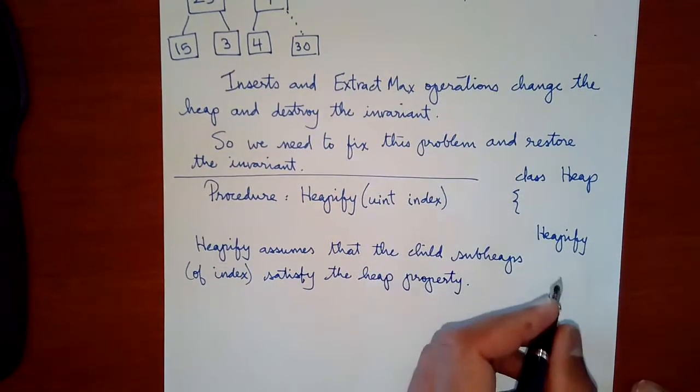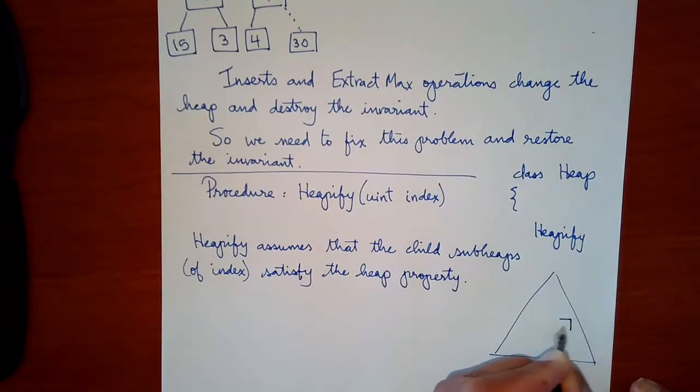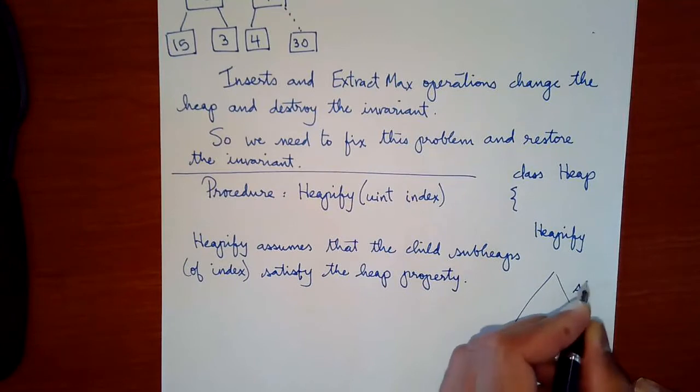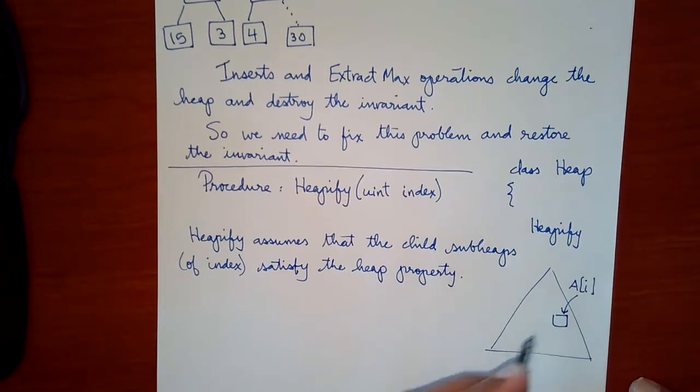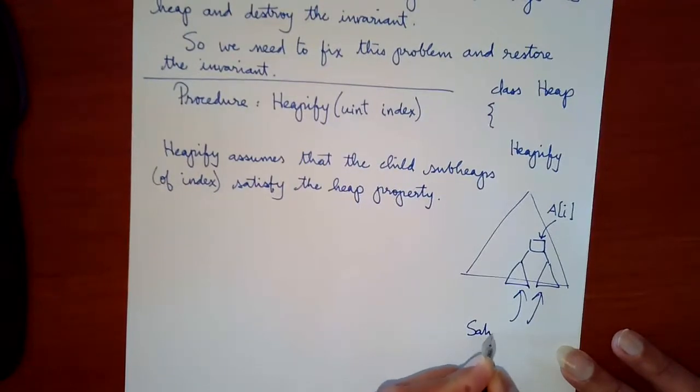So what this means is here's your heap somewhere. And I is just some index somewhere. So this is A of I. Heapify assumes that these satisfy the invariant.